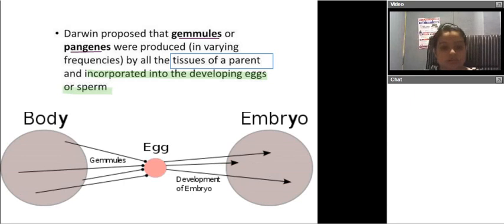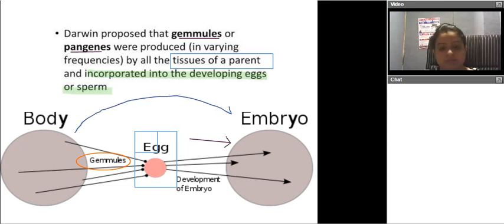So this is the body of the parent from which the gemmules are released and they enter into the egg. They are then further incorporated inside the developing embryo, and so the hereditary characters of the parents are visible in the offspring. Right? Is it clear, everyone?